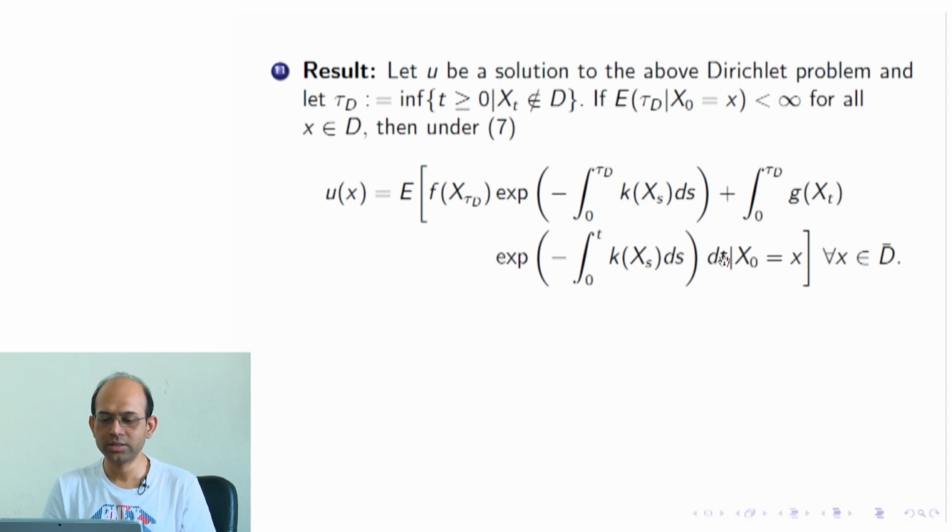Here t is running from 0 to tau_D, and s is running from 0 to t, given X_0 equals x, for all x in the D closure. So that defines a function on the D closure.